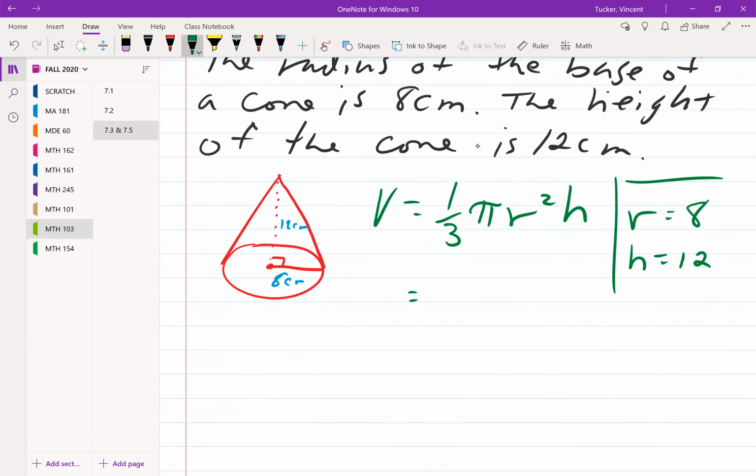Once again, the 1/3 and the pi are part of the formula for the volume of a cone. So from there, you just plug in and calculate. Make sure you pay attention to the directions. See how many decimal places they want from you.